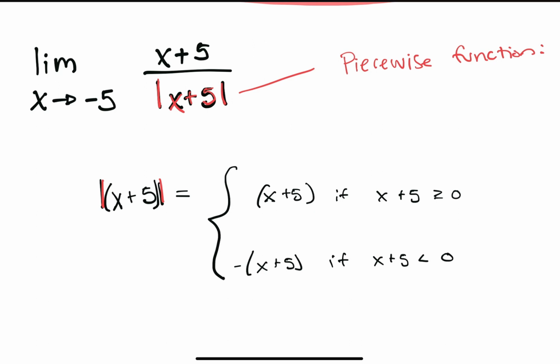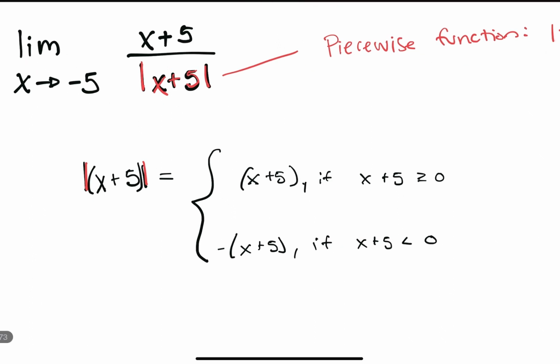So this is the first form that I'm going to see for this absolute value, but we can work this out a little bit because we know that x is greater than or equal to -5, because we can subtract 5 from both sides here. And then again, subtracting 5 from both sides here, we have x is less than -5.